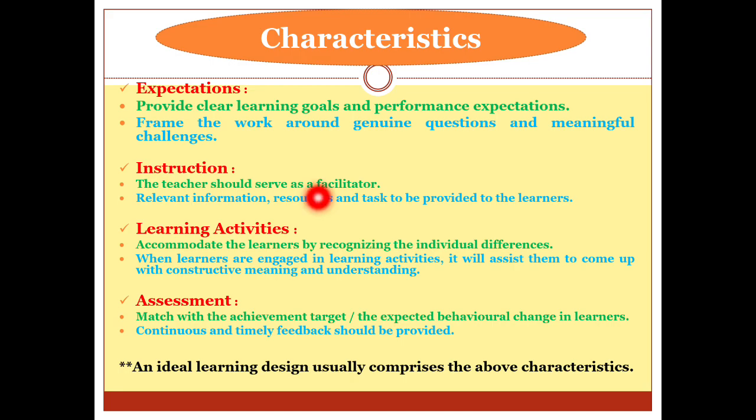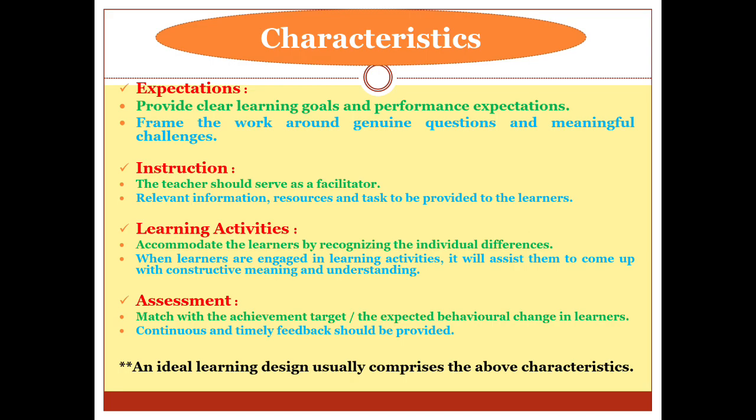Now, while talking about learning activities, we have to see to it that individual differences are important. We cannot assign the same activities to all the students, because in a class we will have different types of learners.